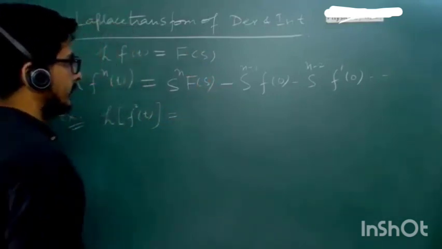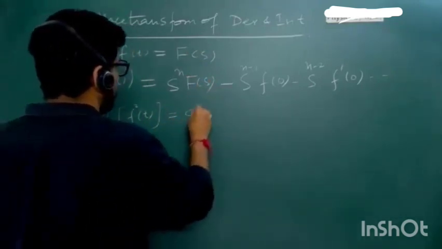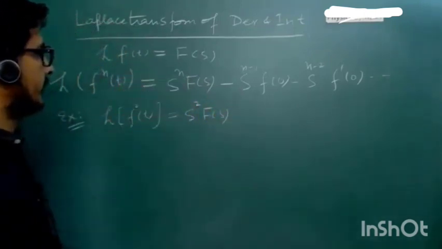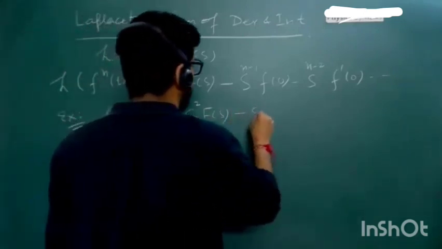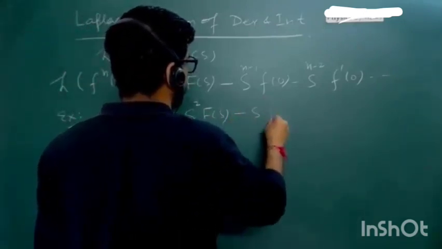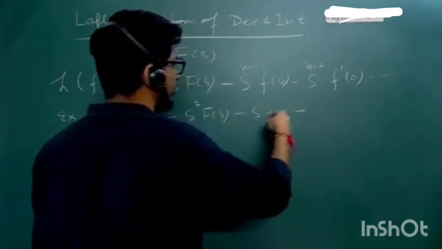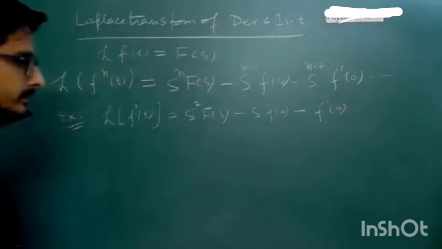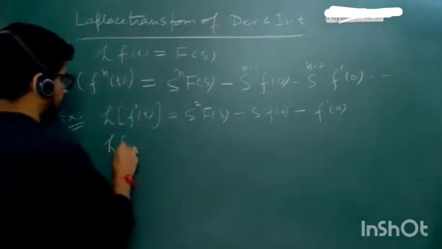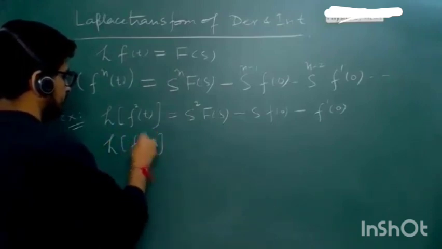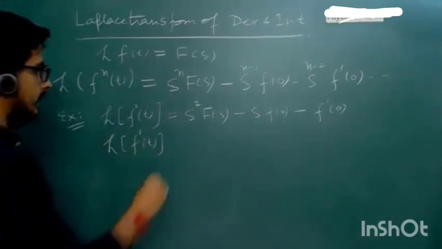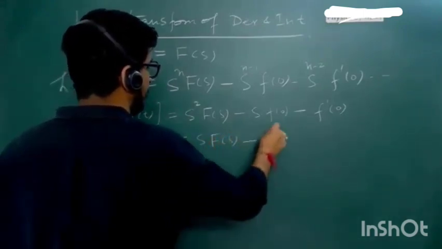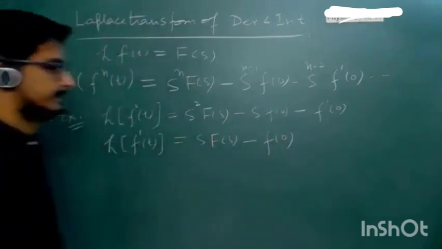So the second derivative will become s square F(s), where you know F(s) is Laplace of f(t), and then minus s to the power 2 minus 1 f(0), and minus f dash 0. No other term is required. And what is Laplace of f dash(t)? First derivative, it will become sF(s) minus f(0). Please see this.